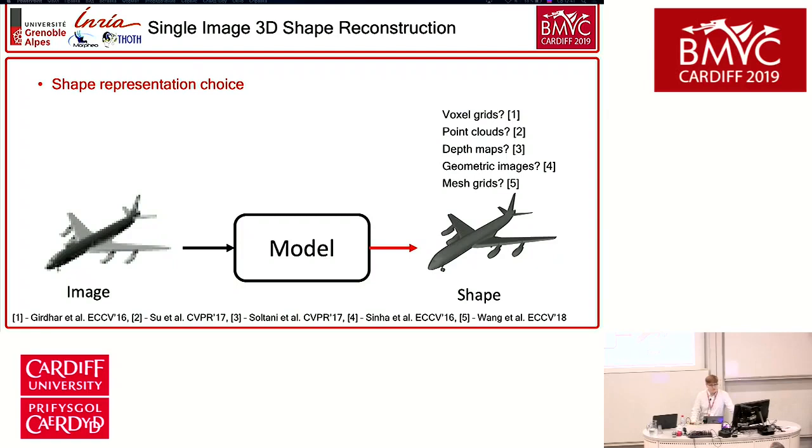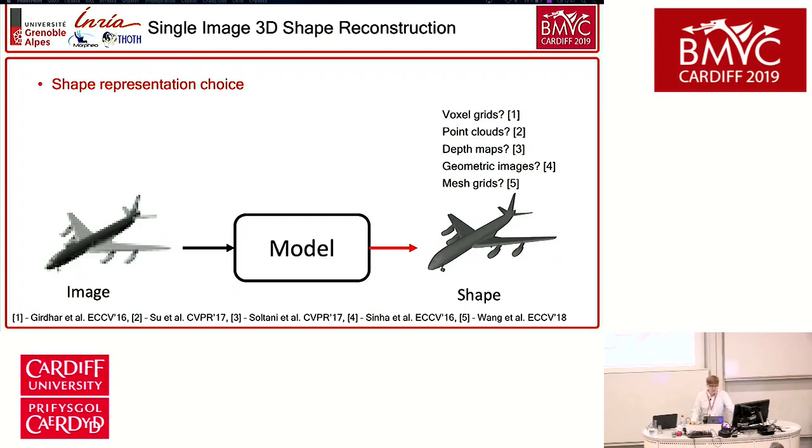So one of the hottest topics in this problem is the choice of 3D shape representation suitable for the task. As we know, traditionally, raw shapes are represented as mesh grids, but until recently, it was not that simple to use those in neural network environments.